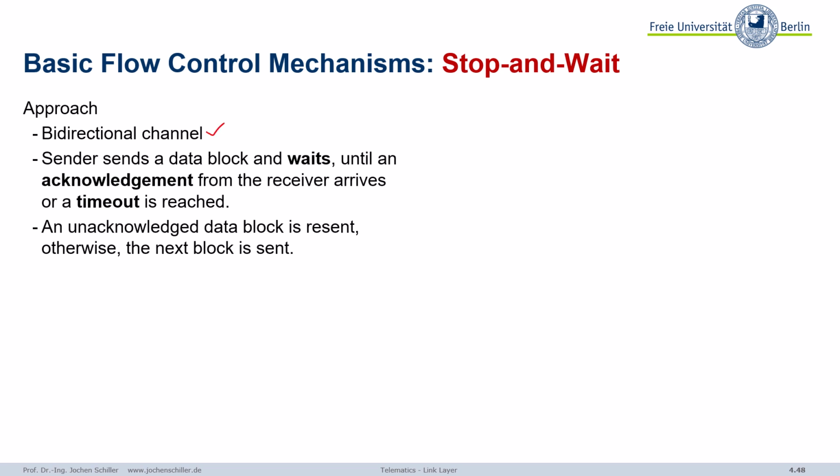And the idea here is that the sender sends a piece of data and then waits until you get an okay, what we call an acknowledgement, or ACK for short. We get an ACK from the receiver, or, and now you see why we need those timers, we reach a timeout.